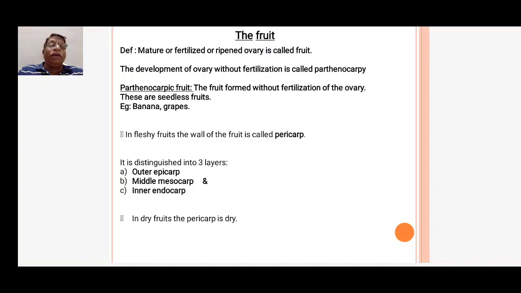Very simple. The fruit is formed without fertilization of the ovary. Naturally, the fruits are seedless. Example, banana, grapes.